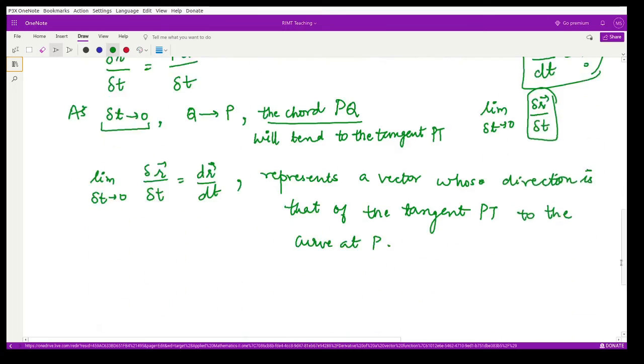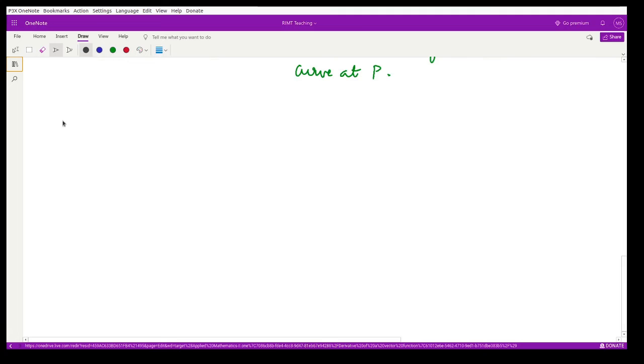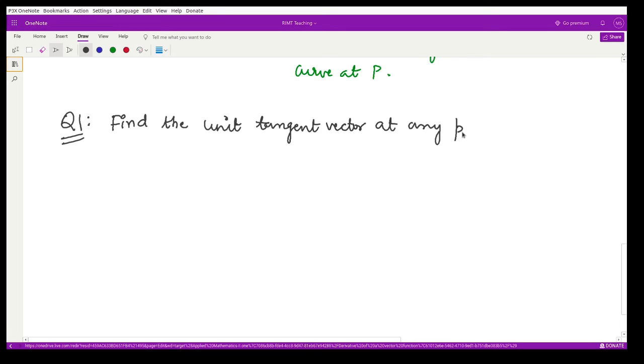Okay, so let me give you one example so that this thing is more clear to you. So let us have a look at one question. So the question is, find the unit tangent vector at any point on the curve.